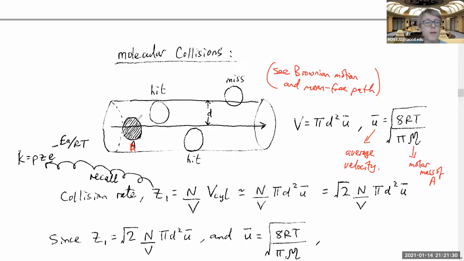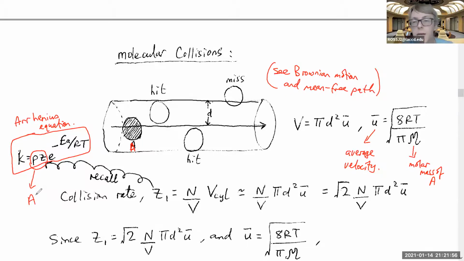Okay. And we're keeping in mind now our Arrhenius equation. This is our Arrhenius equation, where the frequency factor A is Pz, where P is the orientation factor, which is a constant that we're not really going to pay attention to. It's going to correct our Z value later.